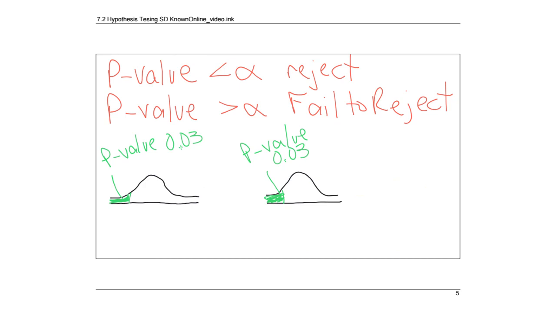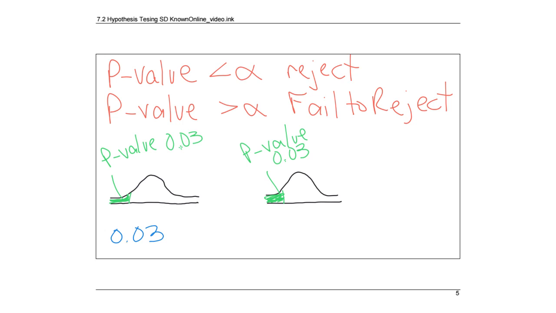Okay, let's go ahead and talk about p-values again. Let's do a visual here. So if the p-value is less than alpha, we're going to reject. If it's greater than alpha, we're going to fail to reject. So let me show you some examples here. On this one, my p-value is 0.03.